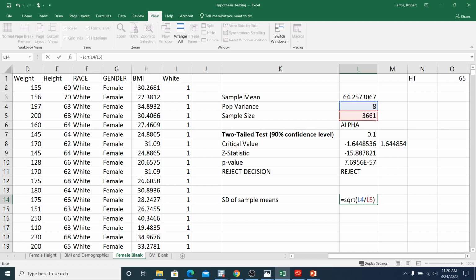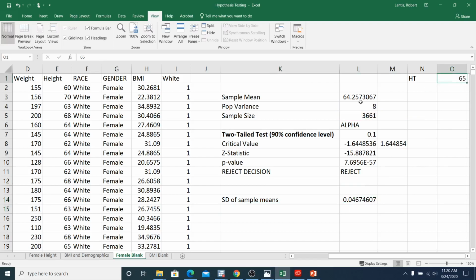So when we really jack up that sample size, we're getting a really, really narrow distribution for our sample means, meaning that it's only likely we see values really close to whatever the true population mean is. So therefore, it gives us a lot more power in being able to reject certain values.